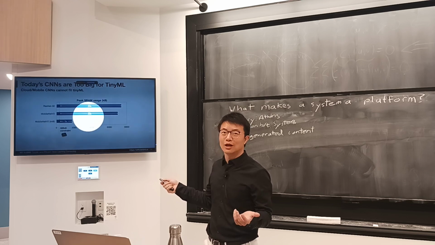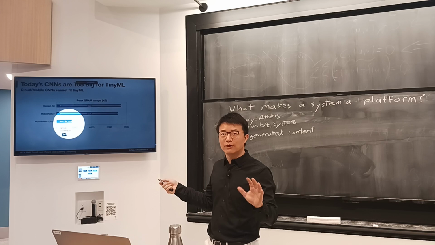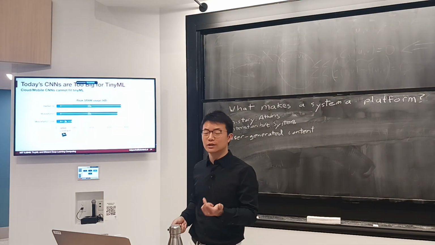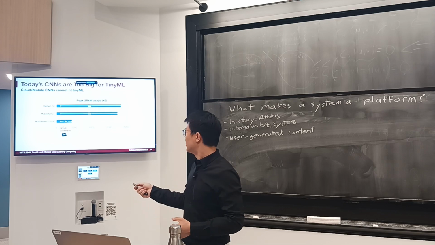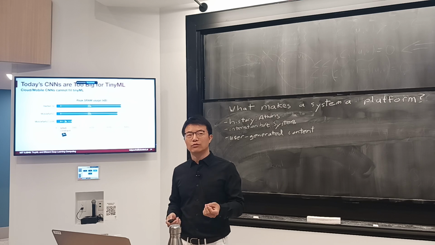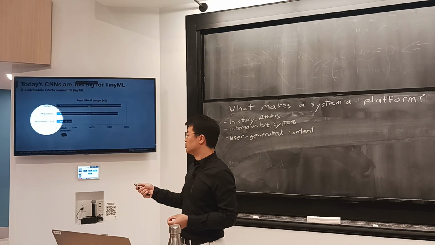MobileNetV2, 22 times larger. Quantization, which we learned in the previous lecture, slightly reduces it by 4 times. It's very good, but still 5 times larger. So we are going to learn in this lecture how we overcome this gap and fit the model in the microcontroller while having similar accuracy as MobileNetV2.